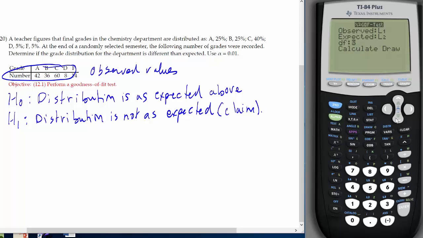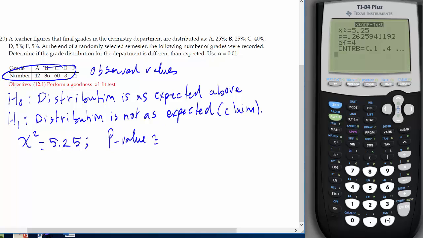The degrees of freedom for goodness of fit is the number of categories minus 1. I have A, B, C, D, F, 5 categories, minus 1, so it should be 4 here. Calculate. And here's your chi-squared. This is the test statistic, 5.25, and the p-value, that's what we need.